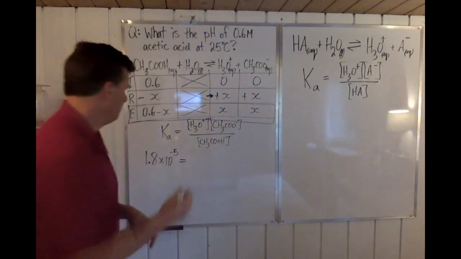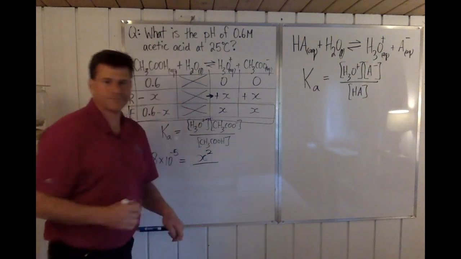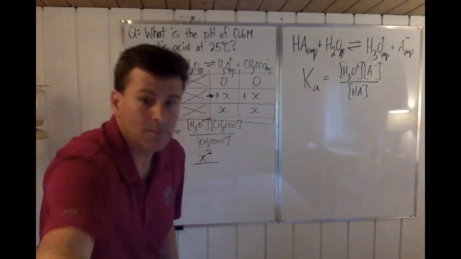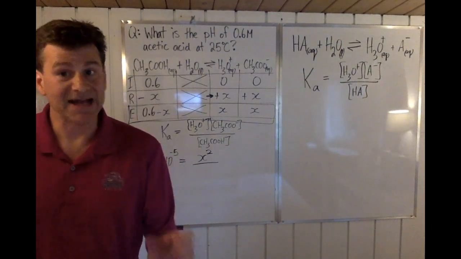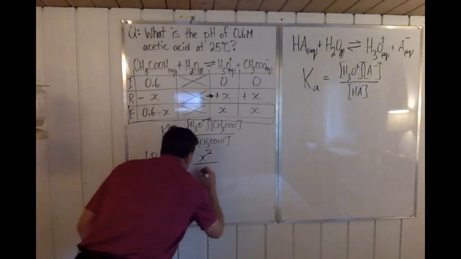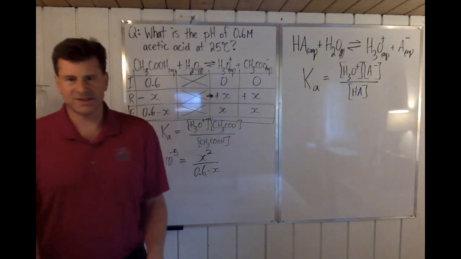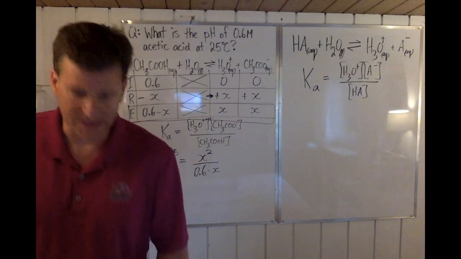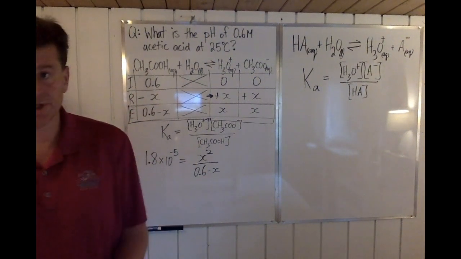X times x is going to be x squared, over the acetic acid at equilibrium, which is 0.6 minus x. Okay, so there is our equation.